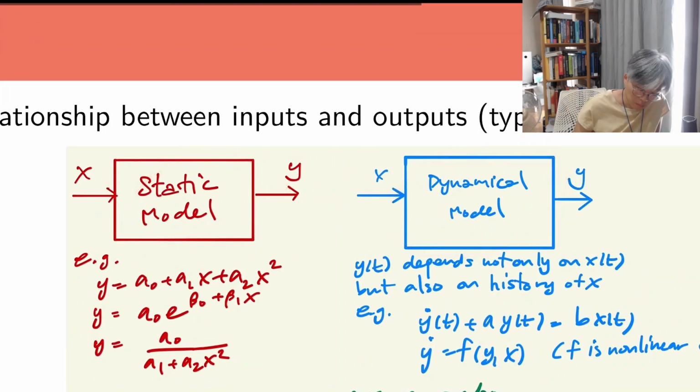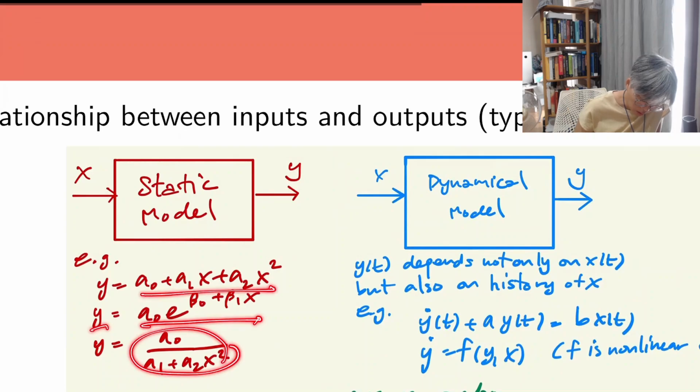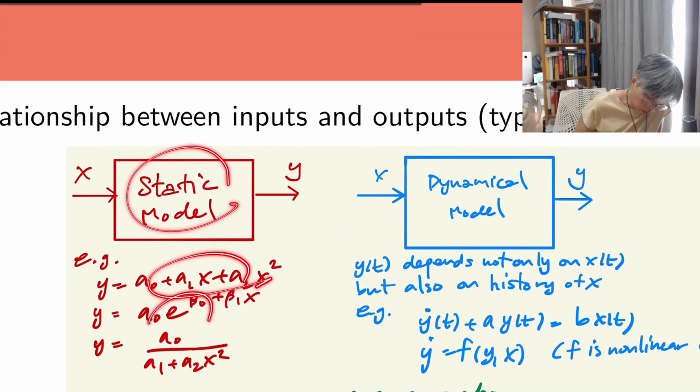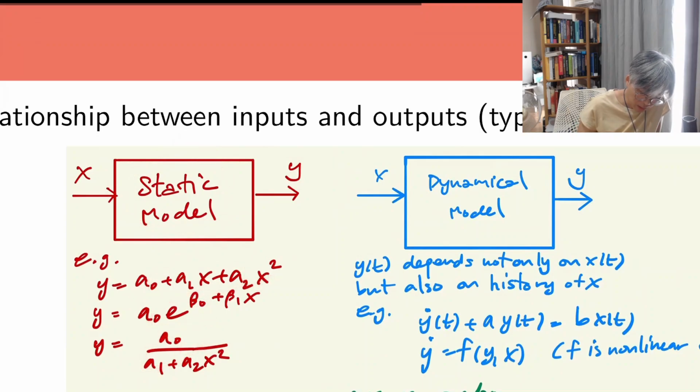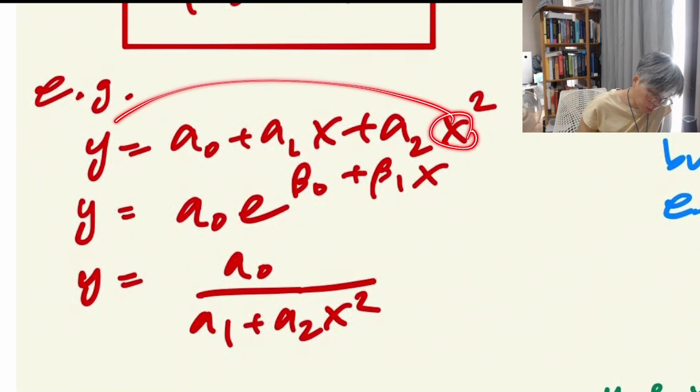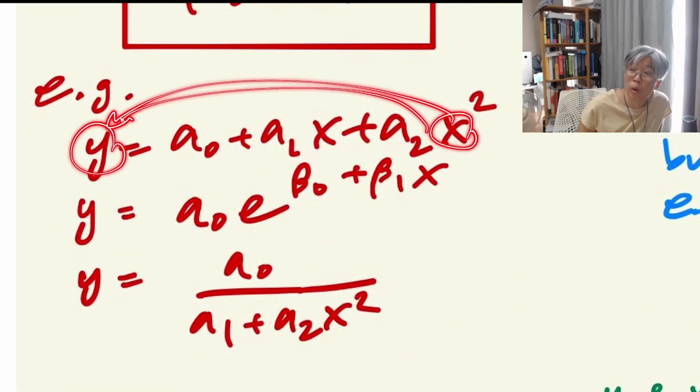Static model means that an instant value of y at a particular time directly depends on x at that time. For example, y is a quadratic function of x like this. Y is an exponential function of x like this. Or this nonlinear function. You see from this formula that x at time t gives you directly, instantaneously, the value of y.